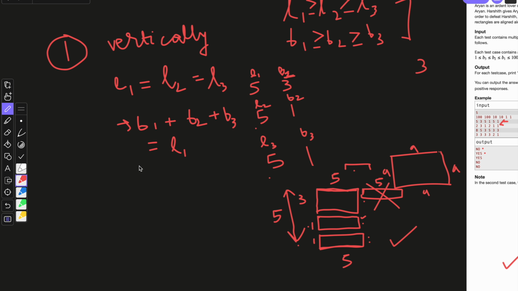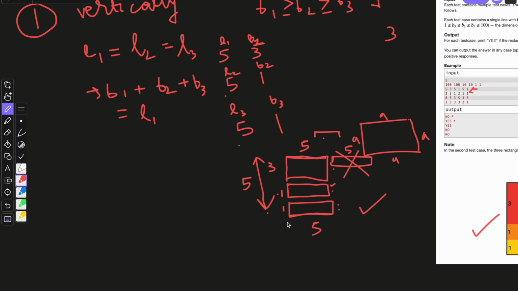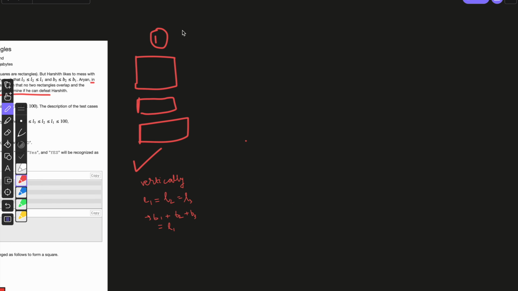If it is equal, then a square can be formed, otherwise not. So this is case 1 when we arrange the three rectangles in this manner. So this was the first case of how we can arrange the rectangles.